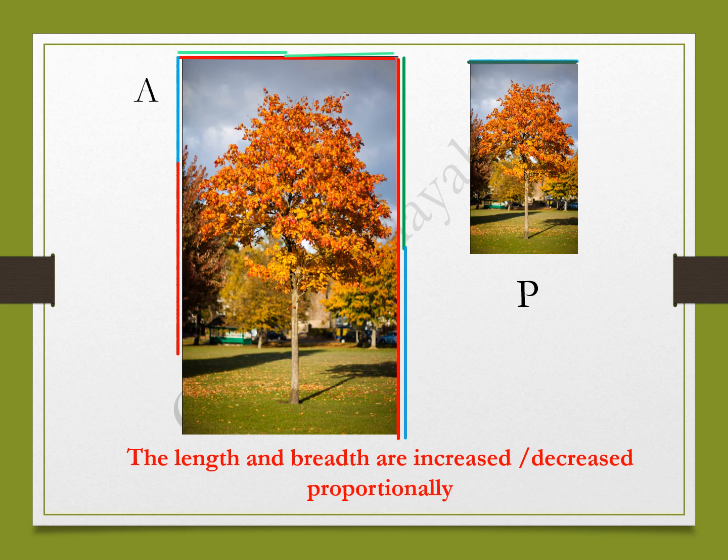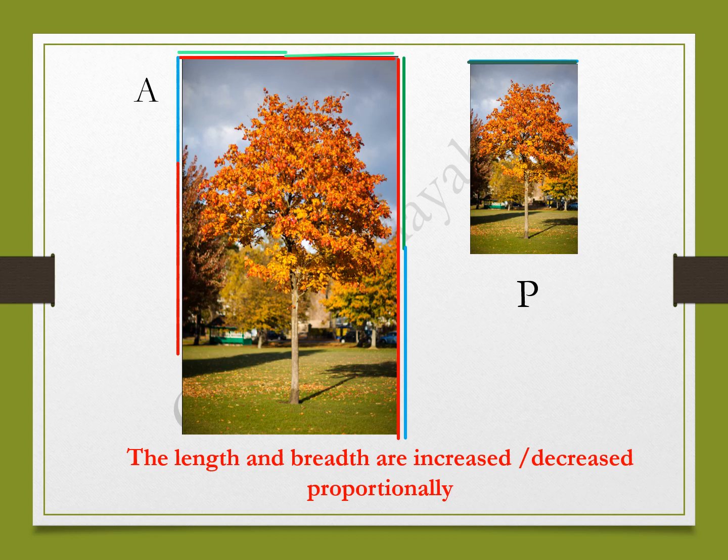We have increased the length twice the original and the breadth is also increased twice the original. When I compare P with A, what can we say? The length of P is half that of A and the breadth of P is half that of A.